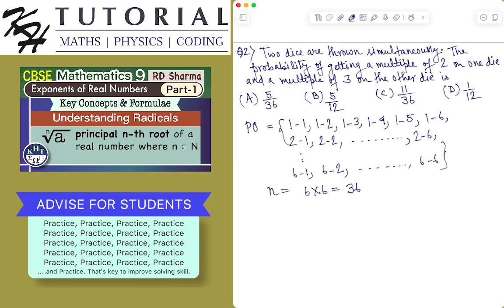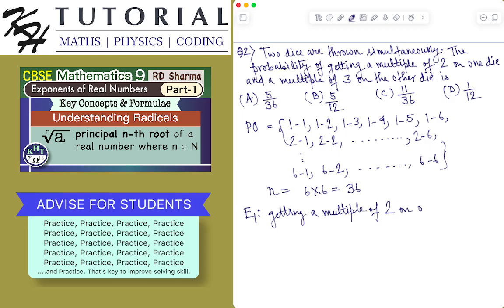So the first die can show all the outcomes. If I consider E to be the event of getting a multiple of 2 on one die, let's say I define two other events.